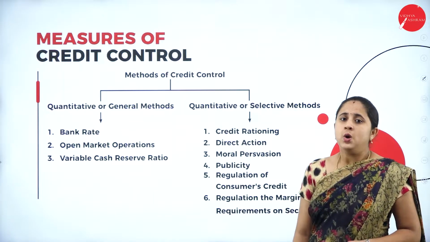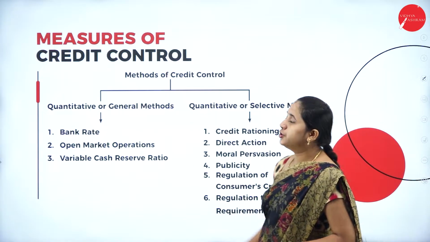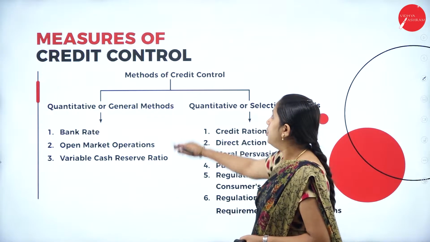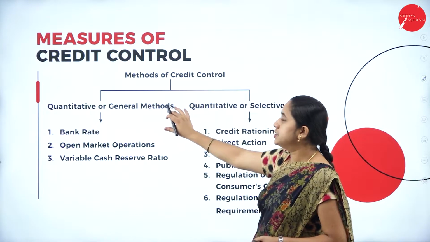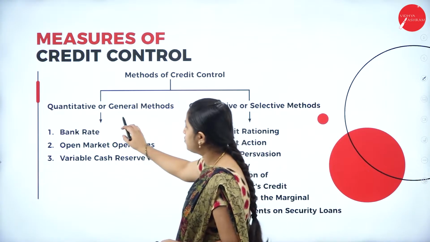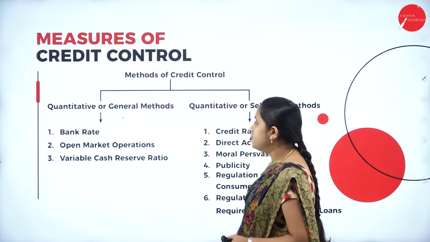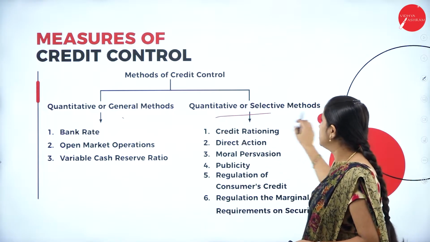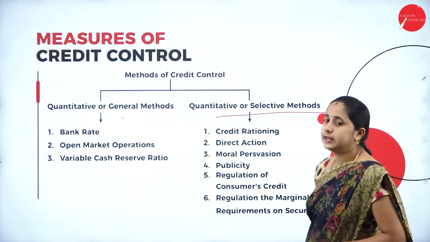Moving further, what are the measures taken to control the credit? RBI regulates the credit system using two methods. First is the quantitative or general method, and second is the qualitative or selective method.